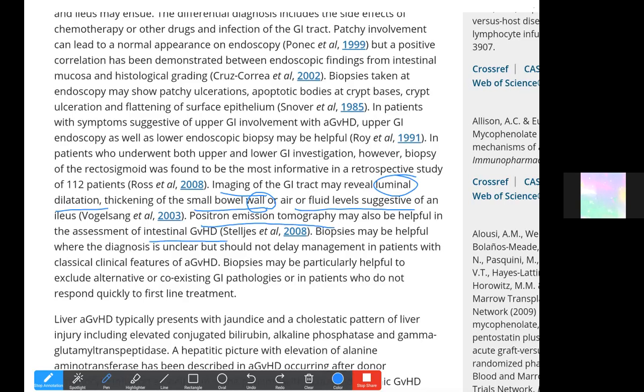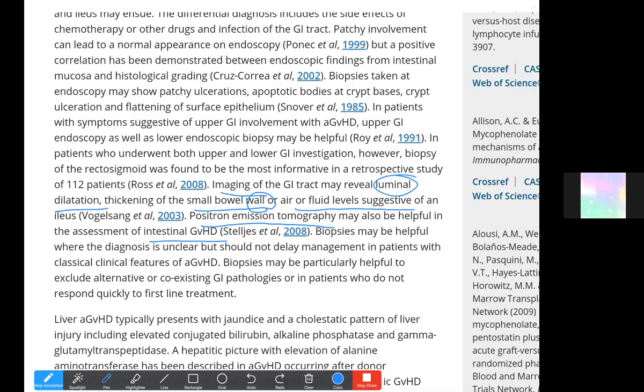So in skin, they had mentioned that biopsies would not be effective for the prognostic or the grading part, but in the case of the biopsies of the GI, they do sort of guide the extent of involvement.